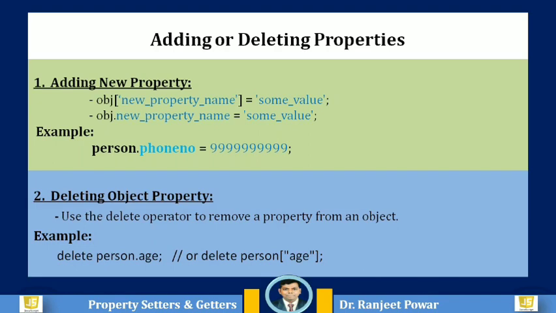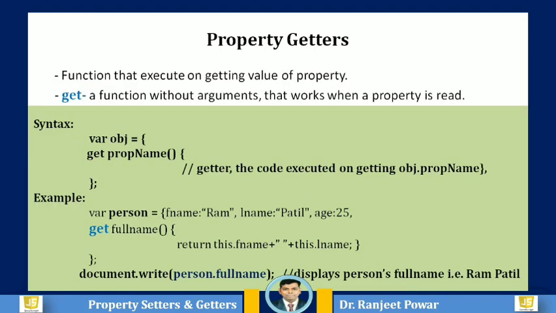In the example, the age property of a person object is deleted using the delete operator. The important concept in JavaScript is property getters and setters. There are two kinds of object properties. The first kind is data properties. We already know how to work with them.